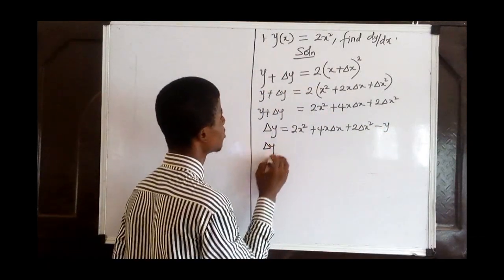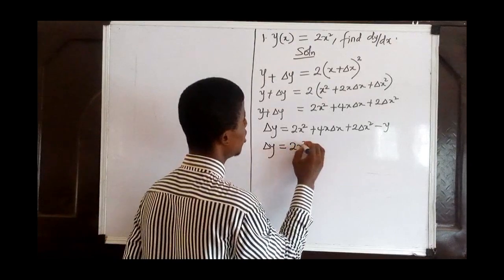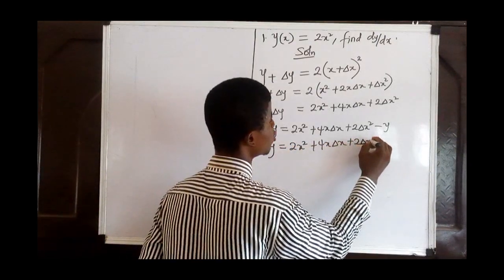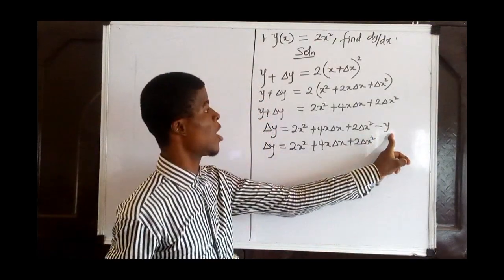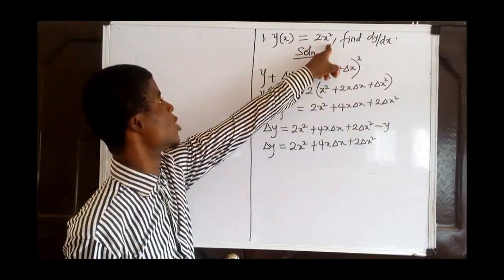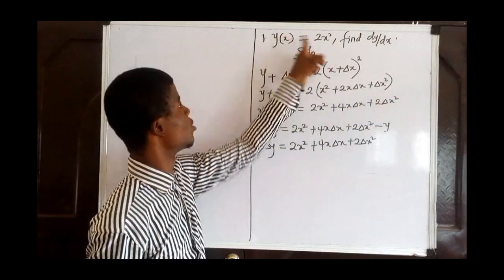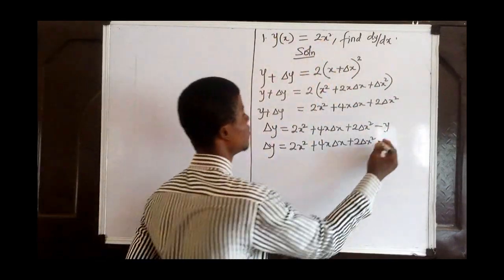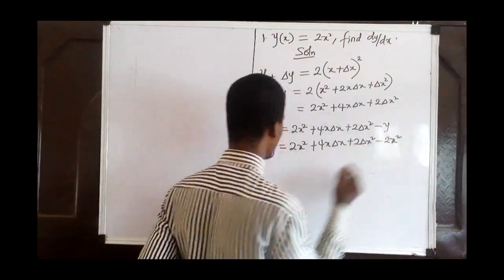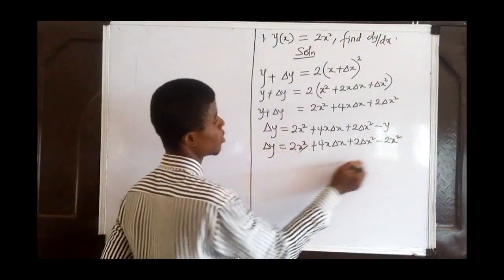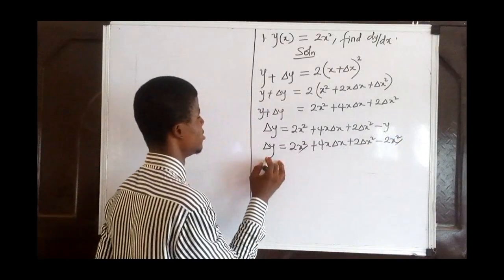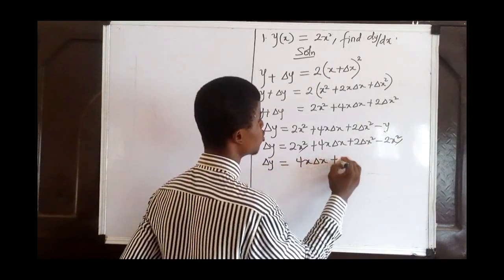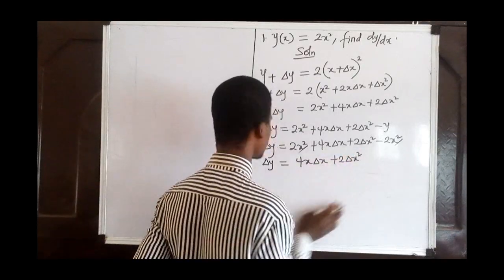Instead of writing negative y, I'm going to write negative 2x squared, because y is 2x squared. So 2x squared cancels 2x squared, and delta y is now equal to 4x delta x plus 2 delta x squared.